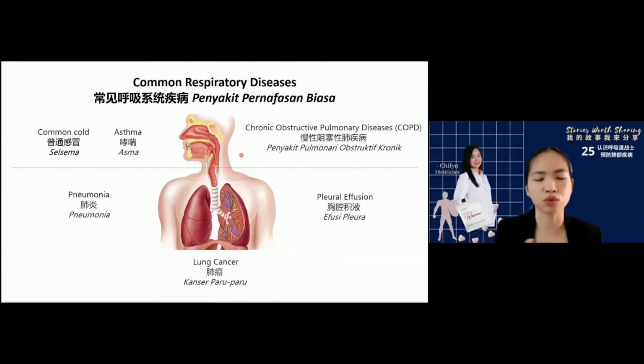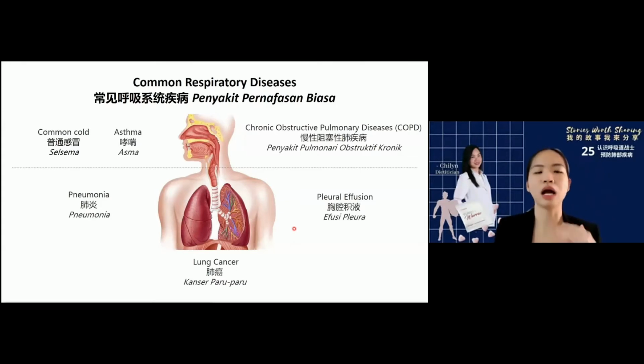For upper respiratory tract chronic diseases, some more common ones are like a normal cold. If you have any of these symptoms like coughing, sore throat, runny nose, all these are because your respiratory tract are infected. And next is asthma and chronic obstructive pulmonary diseases, COPD. For these, we would dig deeper into it later on, but all these are considered upper respiratory tract.